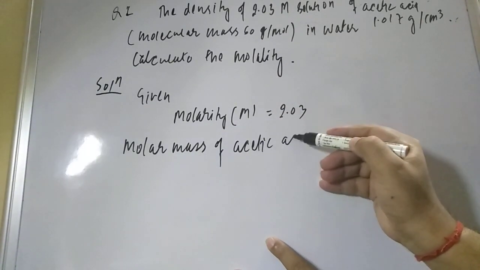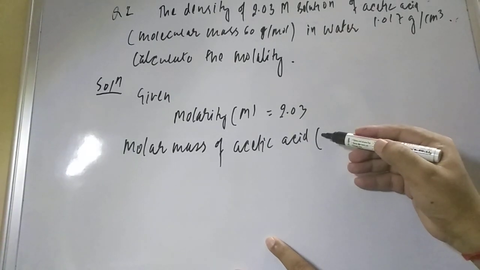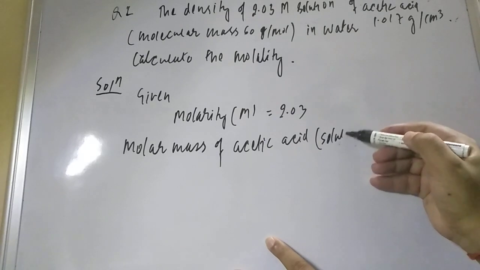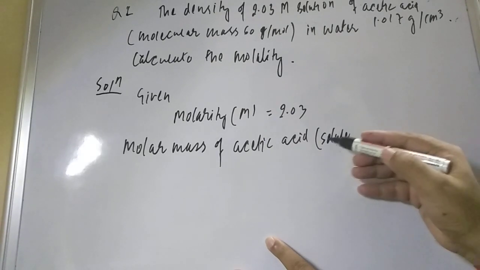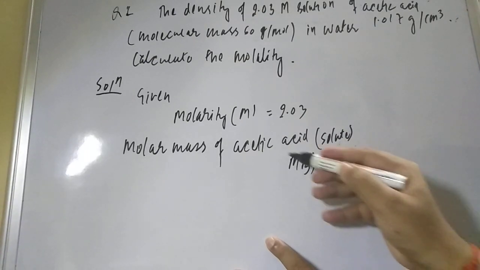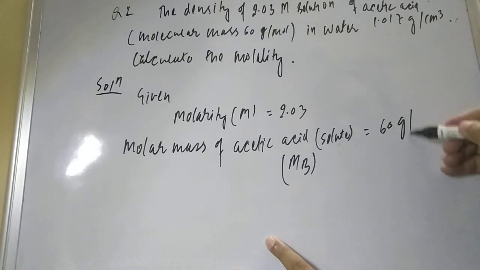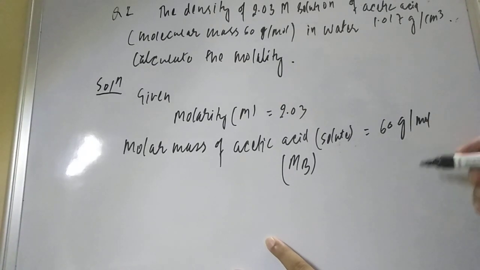This is the solute in solvent water, so in bracket we write solute: MB equal to 60 gram per mole.